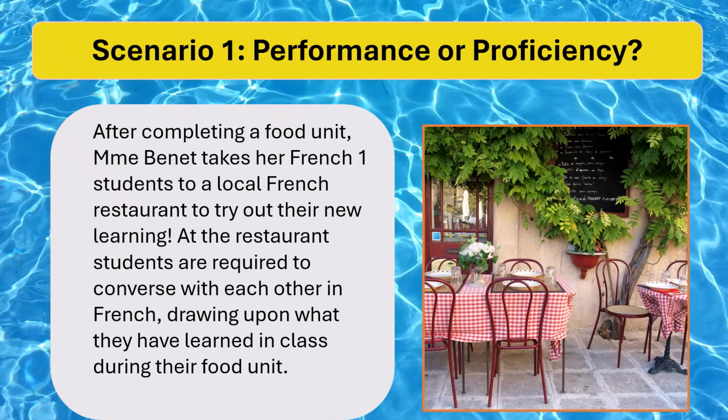At the restaurant, students are required to converse with each other in French, drawing upon what they've learned in class during the food unit. Okay, so is this an example of performance or proficiency? It is performance. And what stands out here is that students are applying targeted classroom learning.